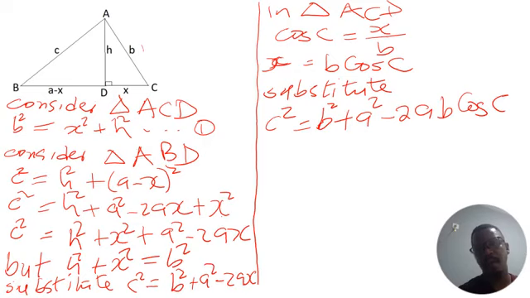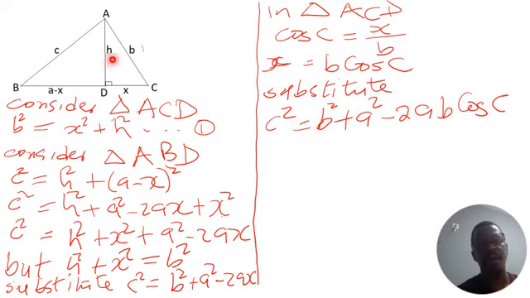Okay, so where are those x? Take out the x and put b cos c. So finally, you are having c squared equals b squared plus a squared minus 2ab cos c.